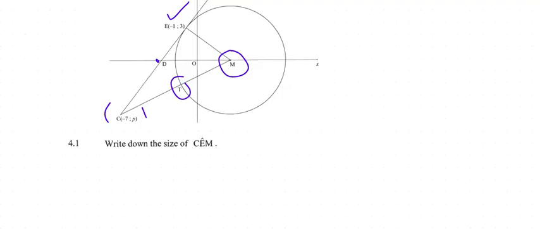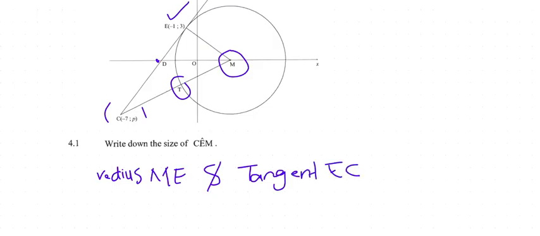We say that the radius ME and tangent EC, at the point of E, the radius at the point of tangency is perpendicular to the tangent.